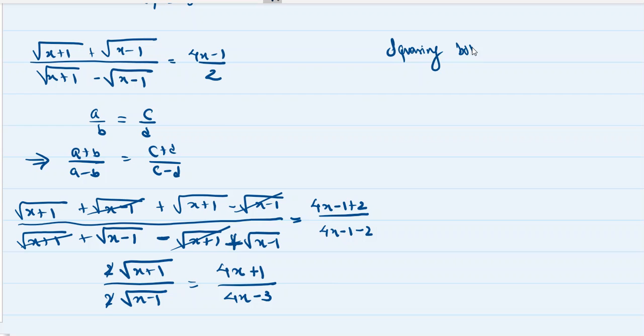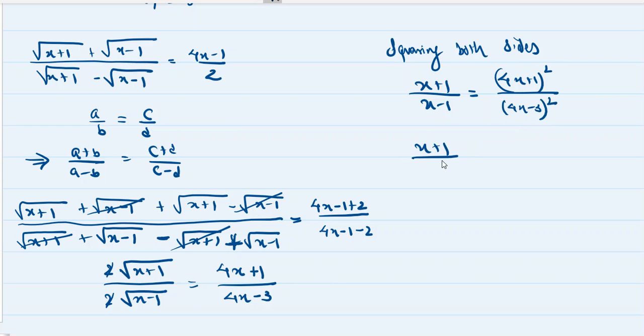Squaring both sides will give you x plus 1 upon x minus 1 is equal to 4x plus 1 the whole square upon 4x minus 3 the whole square.